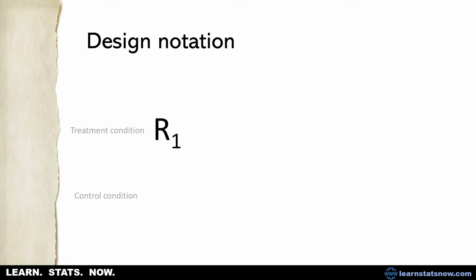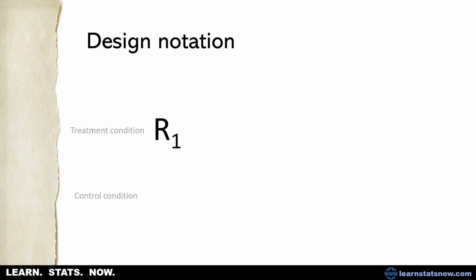So for example, for individuals in the treatment condition, after having been selected into the study, and we assume that, hopefully there's been some degree of random sampling, but sometimes that's not the case, then individuals are randomly assigned a condition. And what we mean by randomly assigned is that all members of the study have an equal probability of either being assigned to the treatment condition or to the control condition.